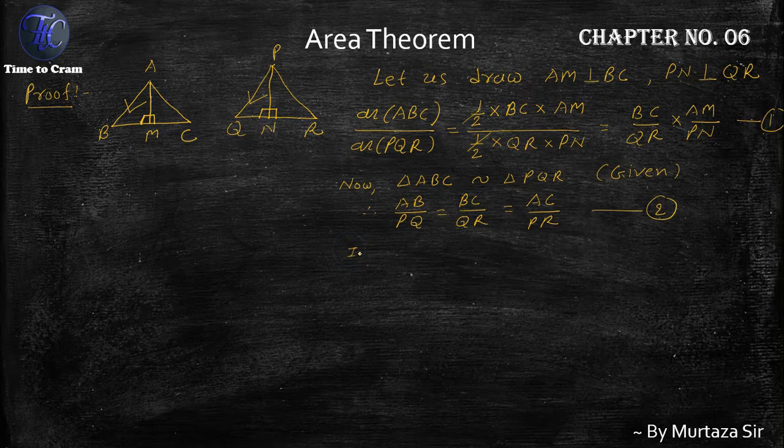So in triangles AMB and PNQ, angle B equals angle Q, it is given, because triangle ABC is similar to triangle PQR, so they are equal angles.